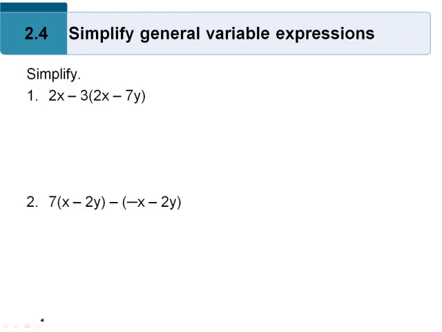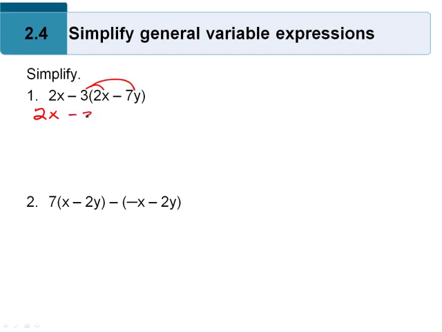So our first problem here, we have 2x minus 3, and then in parentheses 2x minus 7y. That negative 3 is right there beside the parentheses. That's where we're going to start, distributing negative 3 through the parentheses to eliminate those parentheses. The 2x term for now is just going to come down. We're not messing with it. So now I'm going to do the distributing.